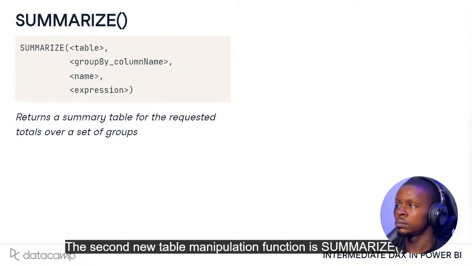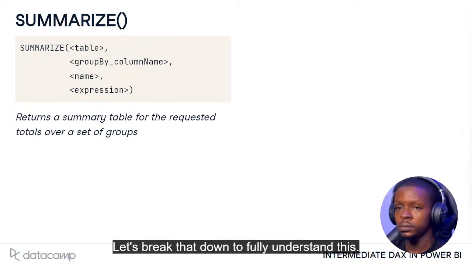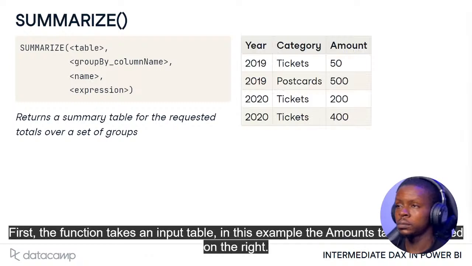The second new table manipulation function is summarize. By definition, it returns a summary table for the requested totals over a set of groups. Let's break that down to fully understand this. First, the function takes an input table, in this example, the amounts table, displayed on the right.